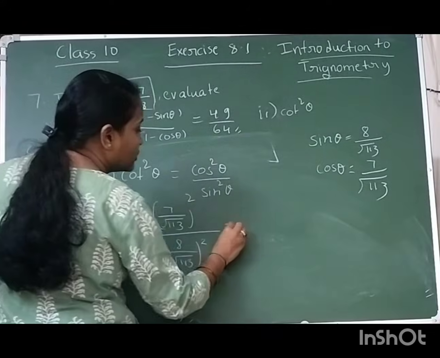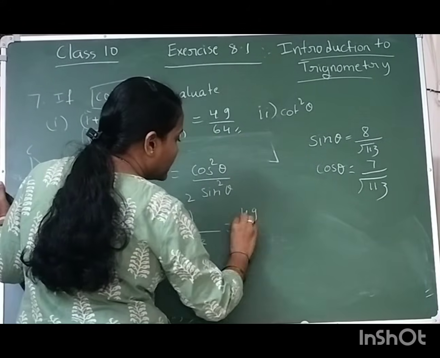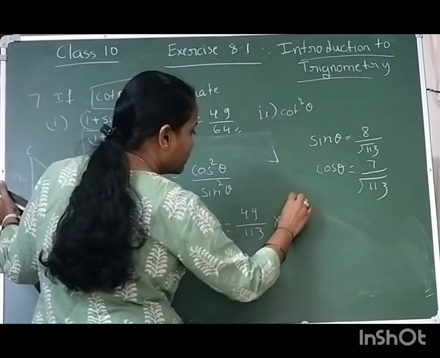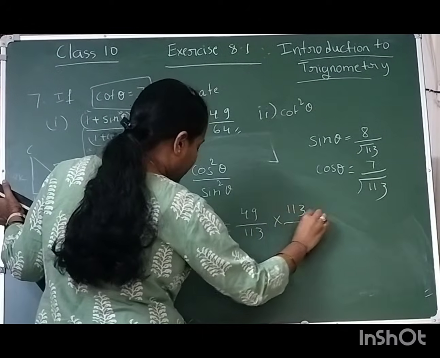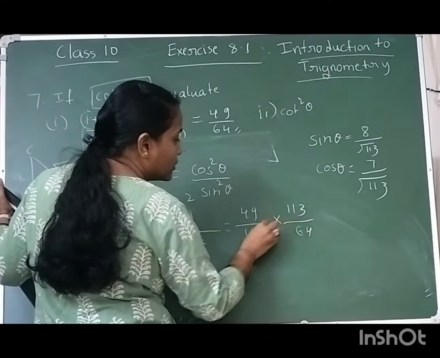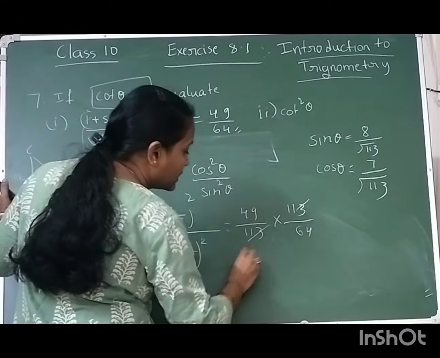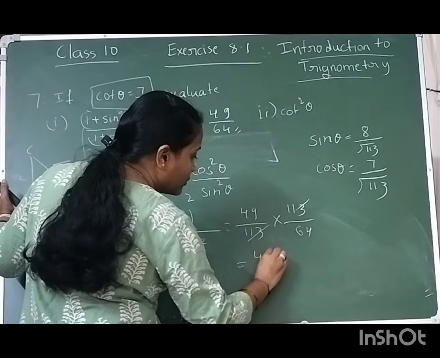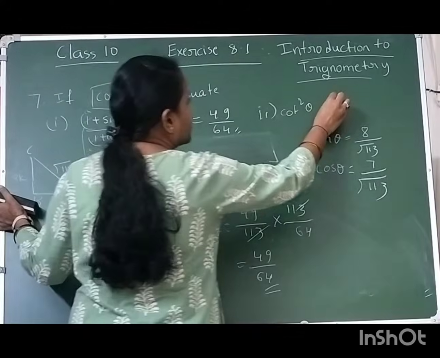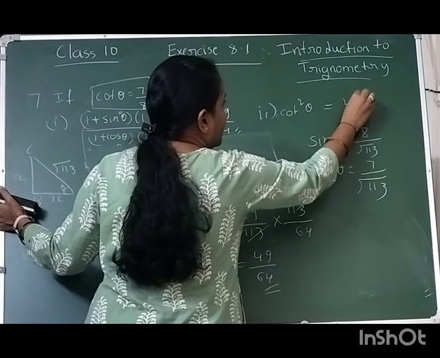Upon opening the bracket, we'll get 49 by 113 and 113 divided by 64. That's 8 square. So 113 will get cancelled. The answer will be 49 by 64. So for both the questions, we get the answer as 49 by 64.